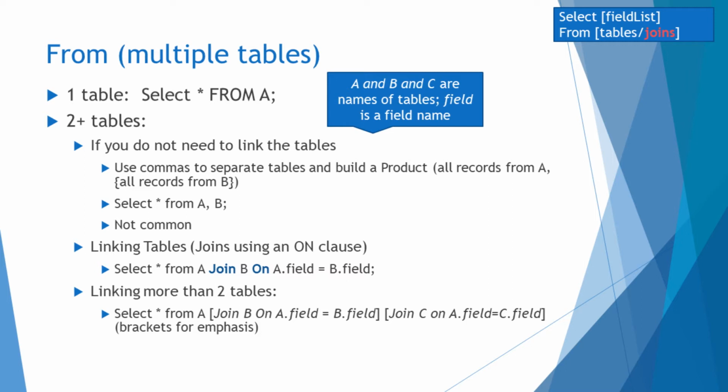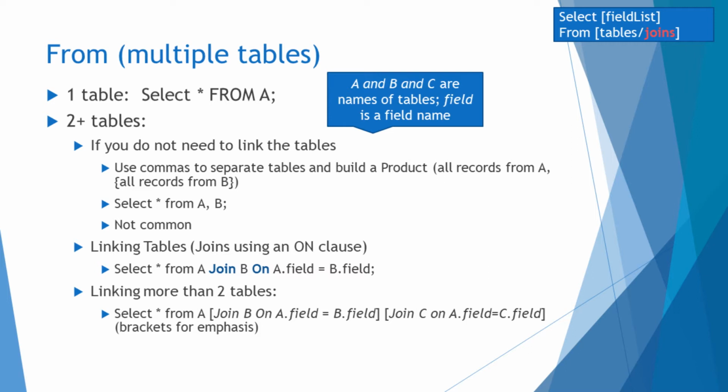In that case, I use the word join, and my syntax will be select whatever my field list is from A, join B, where A and B are my table names. And then I use the clause on, and the on is going to tell it what those fields are that are connected.